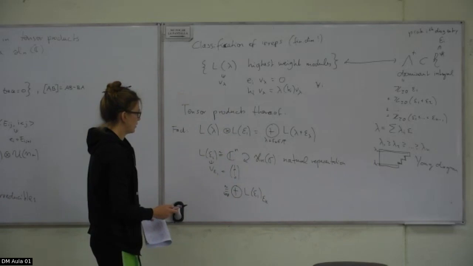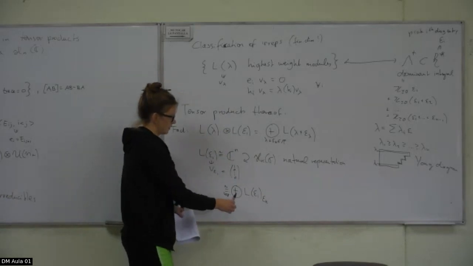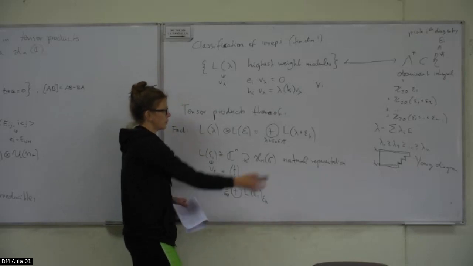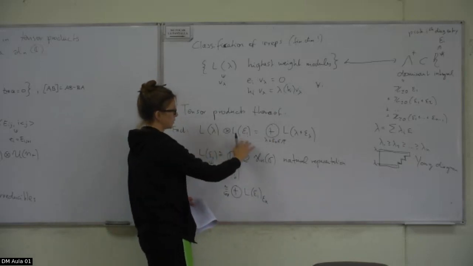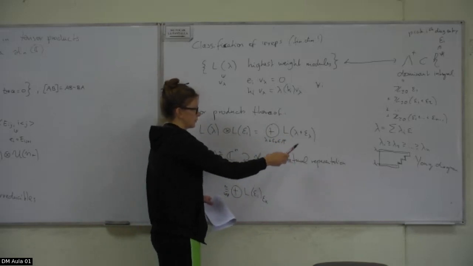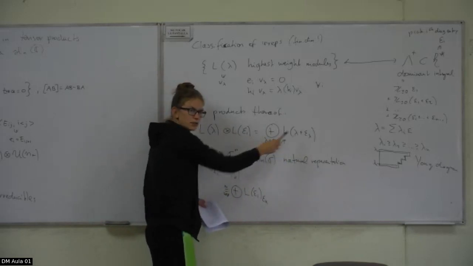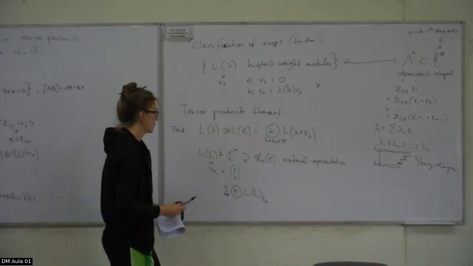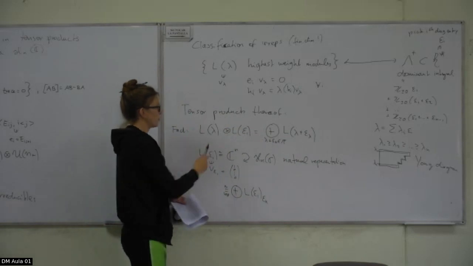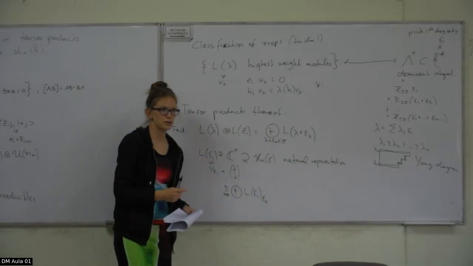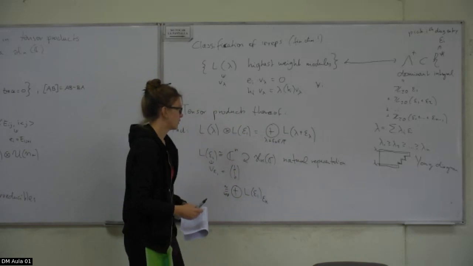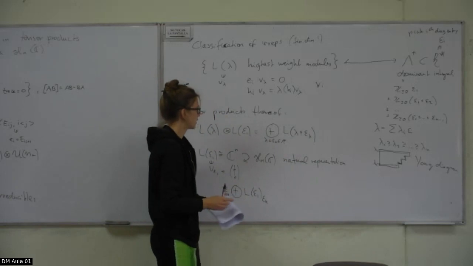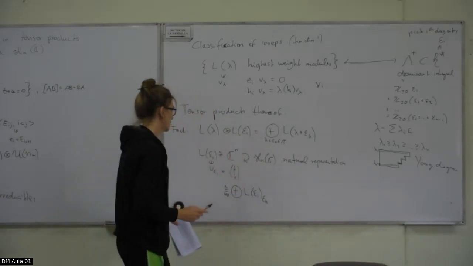From this one-dimensionality of these weight spaces comes this important property that in this tensor product we will only have at most one copy of each irreducible, which is therefore uniquely determined. Typically, when looking at bigger tensor products, this might not be the case. We might not be able to pin down exactly where the summands are, but only the isotypical components. But here this is possible, so this is multiplicity free.